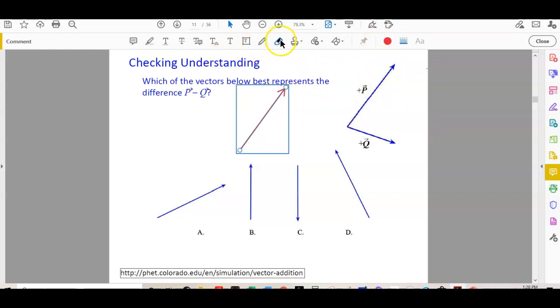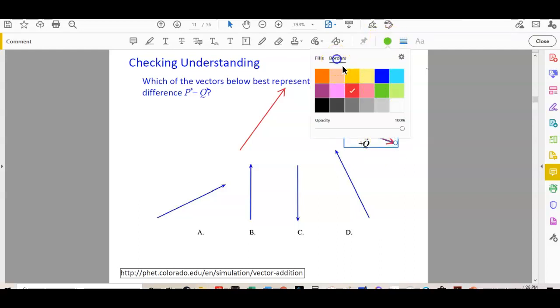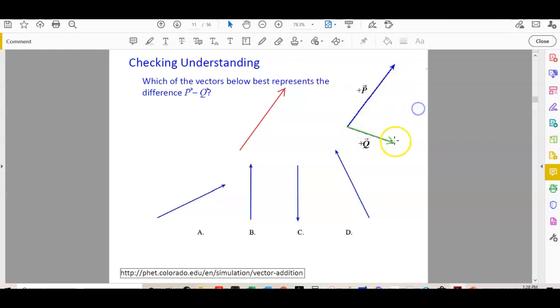The Q vector, the positive Q vector, is pointing down and to the right, correct? But what we need is a negative Q vector. So that means we need to reverse this. So now the Q vector is going to be pointing up and to the left.